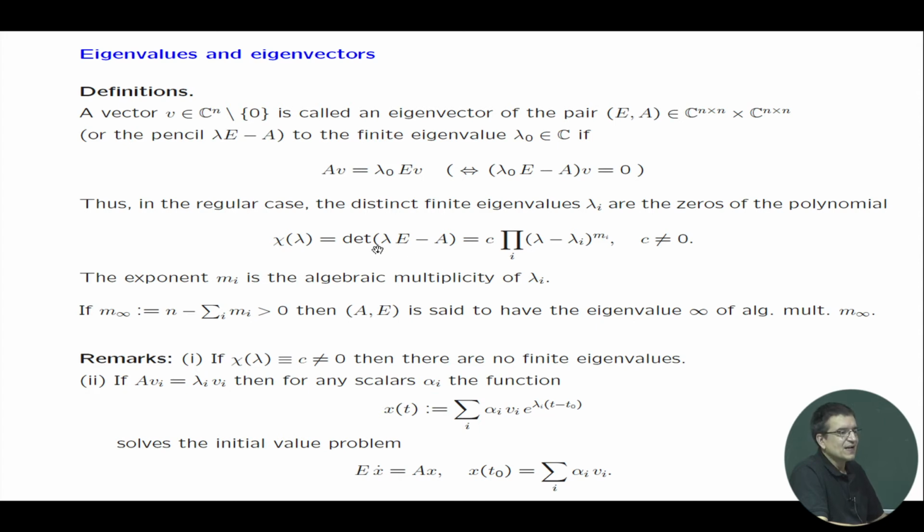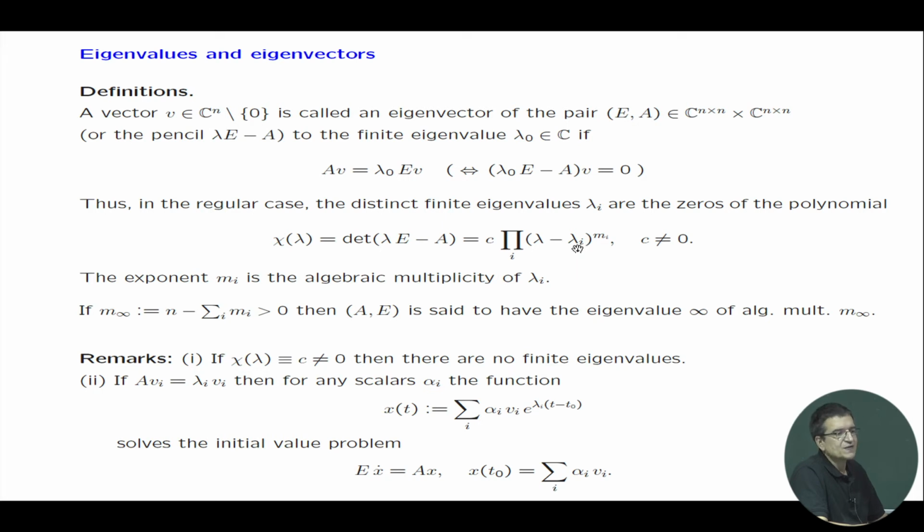So this polynomial can be a polynomial of degree less than or equal to n, and it can have all the degrees between 0 and n. Nevertheless, you can find the zeros and write this polynomial as a product of the powers of the zeros.